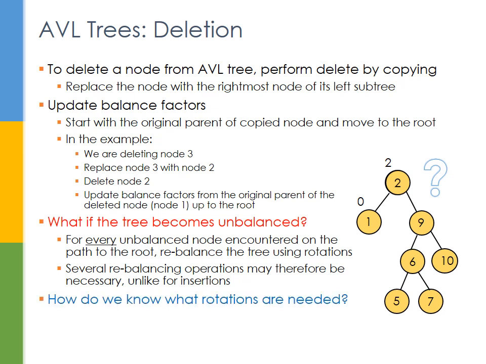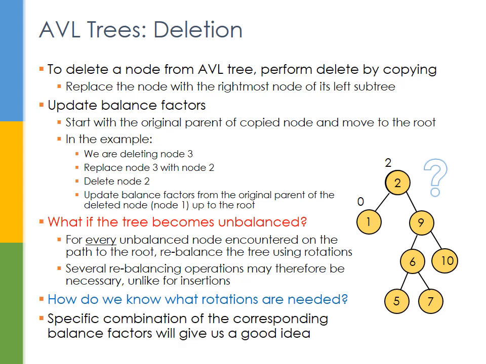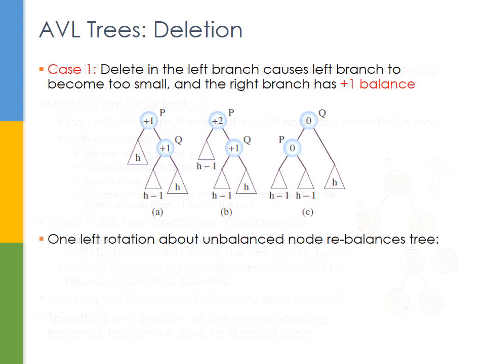But how do we know then what rotations are needed? Well, specific combinations of the corresponding balance factors for our nodes will give us a good idea of what rotations are required. So there are a number of cases that we need to deal with as far as deletion in AVL trees goes.